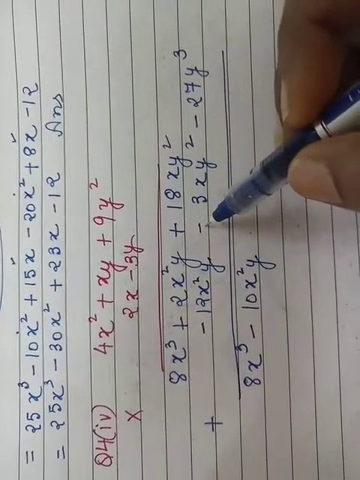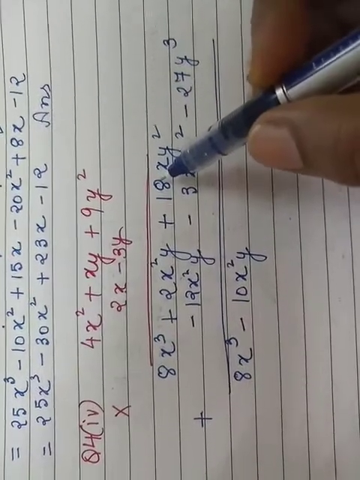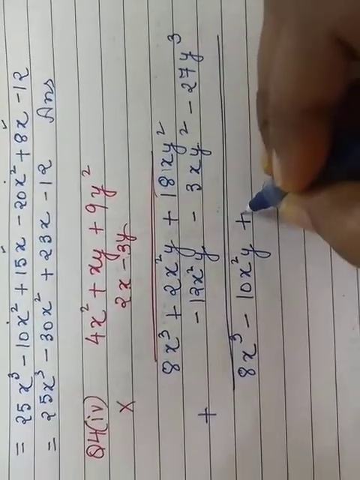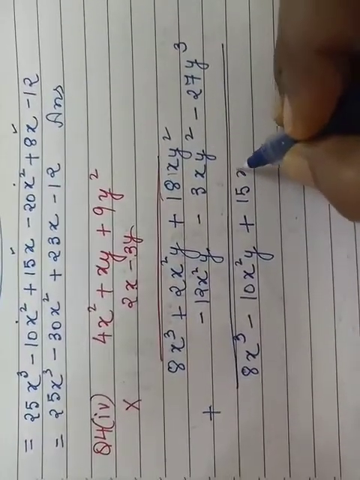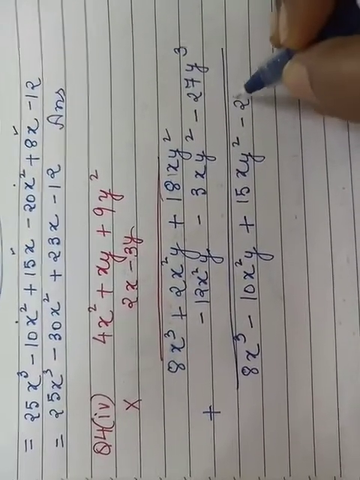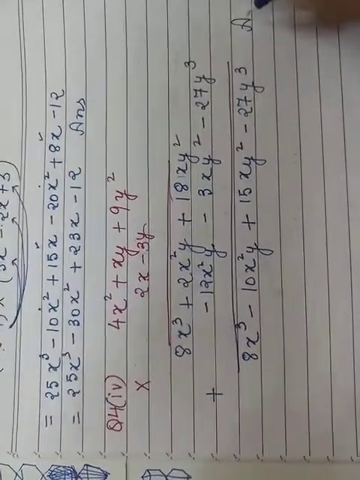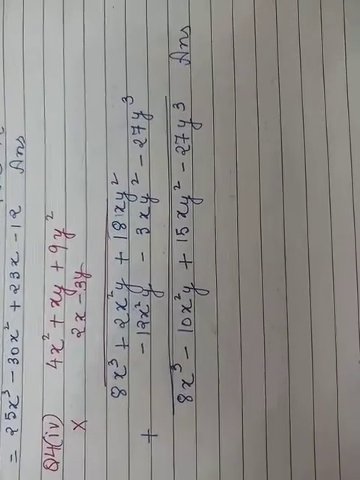This is plus minus minus, that means we are going to subtract them. Sign always of the greater numerical value, that is 18, that is plus, so I write plus here. 18 minus 3 will give you 15 x y square, and then we copy it minus 27 y cube as it is. So this way we multiply the given algebraic expression vertically.